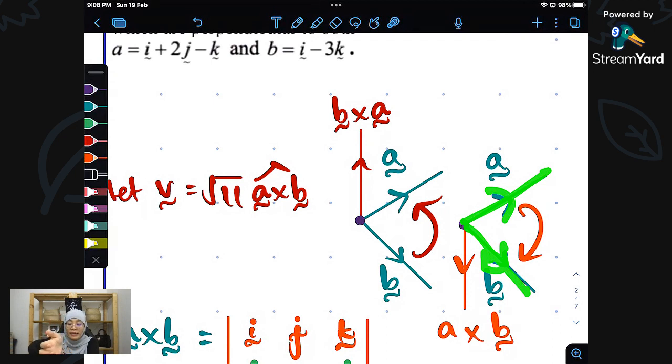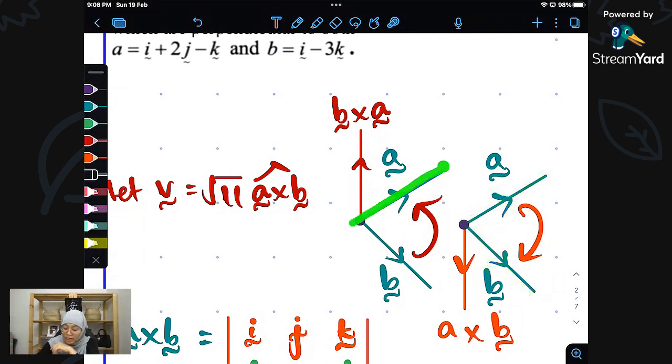Kalau bawah ni, sorry, mungkin saya kena start dari sini dulu sebab I highlight that. So A to B, the vector is going down, you know that. So A to B is going down, A cross B. Tapi kalau saya buat yang begini pula, it means that B cross A, because daripada bawah masuk ke atas, B cross A. So ada dua cara pembacaan dekat sini.